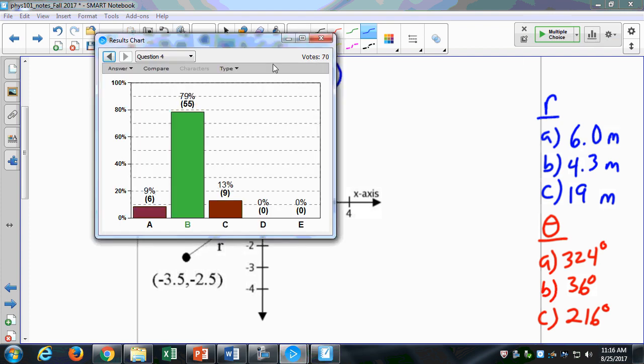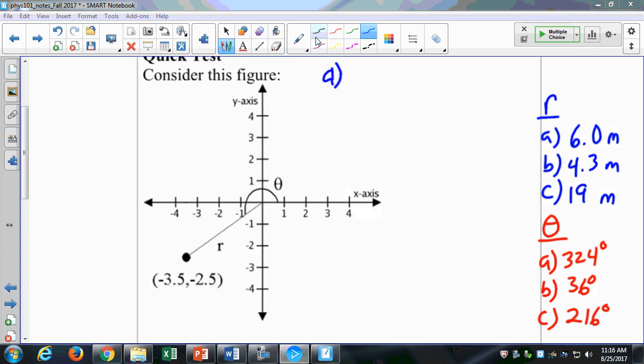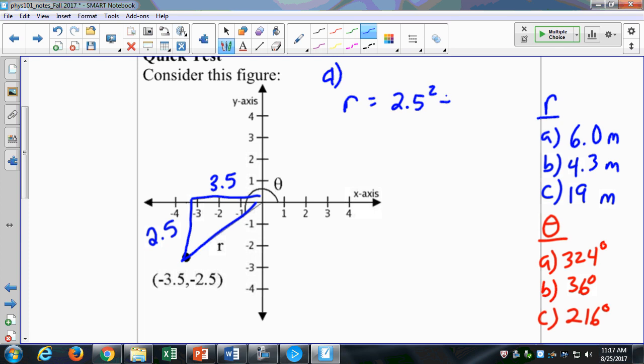All right, B is the right answer. The way you do this, notice that we have a triangle right here. It has one side that is 3.5 units long, and one side that is 2.5 units long. And if I want to know r, r is equal to the square root of 2.5 squared plus 3.5 squared.